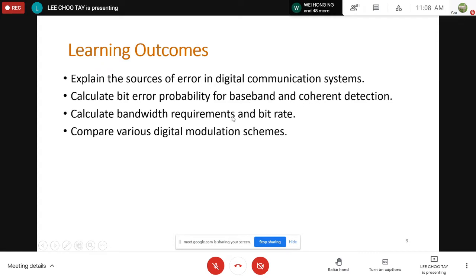Also you need to be able to calculate the bandwidth requirements as well as bit rate, and compare various digital modulation schemes in terms of bandwidth, energy efficiency, and bit error probability. These are the three measurement criteria for the performance of digital modulation schemes.